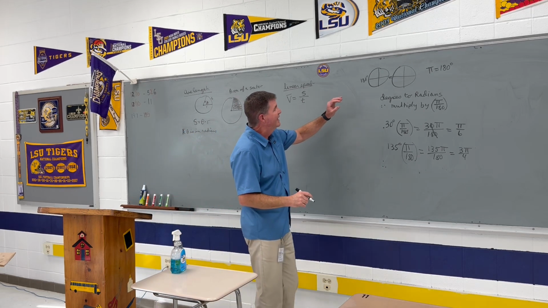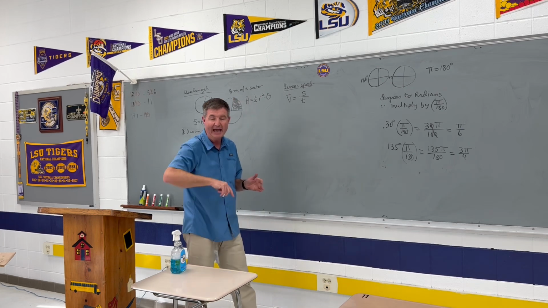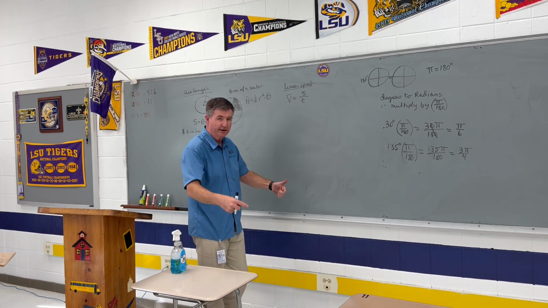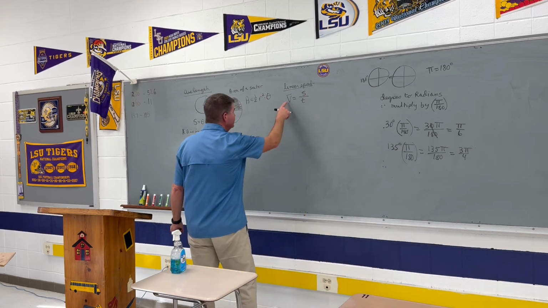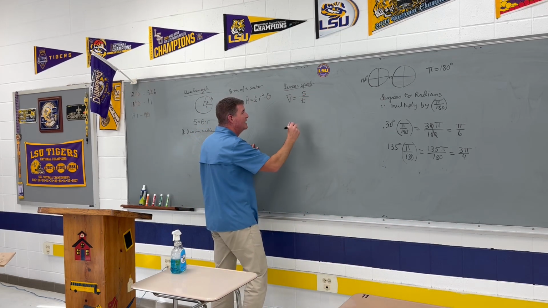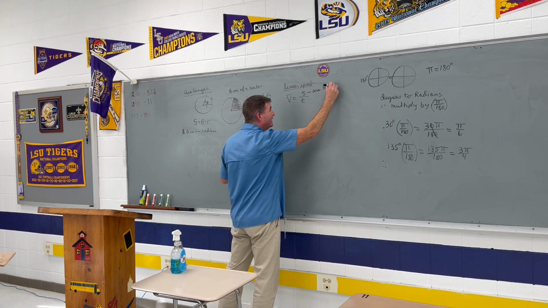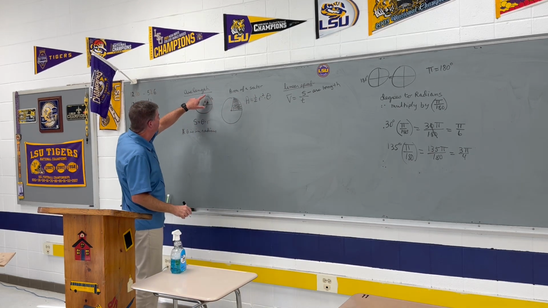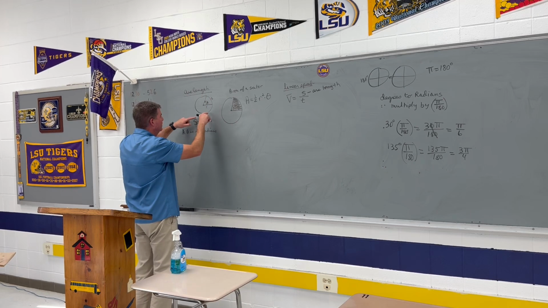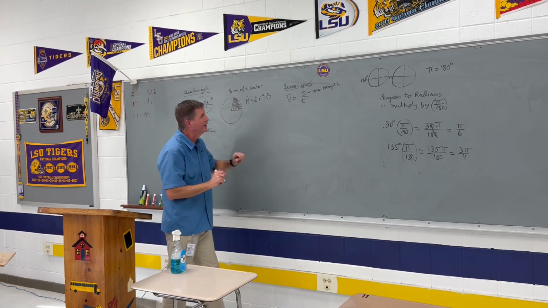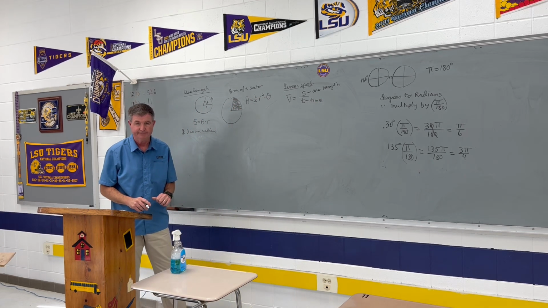But we're taking circular distance and putting it out in a linear path. It's like the wheels are turning, but as the wheels turn, the car moves forward. So this distance is the arc length. We're taking the circular and putting it in a line. So it's the arc length over time.